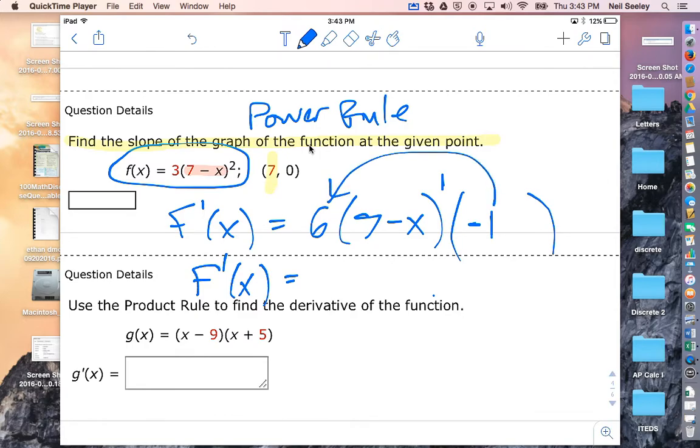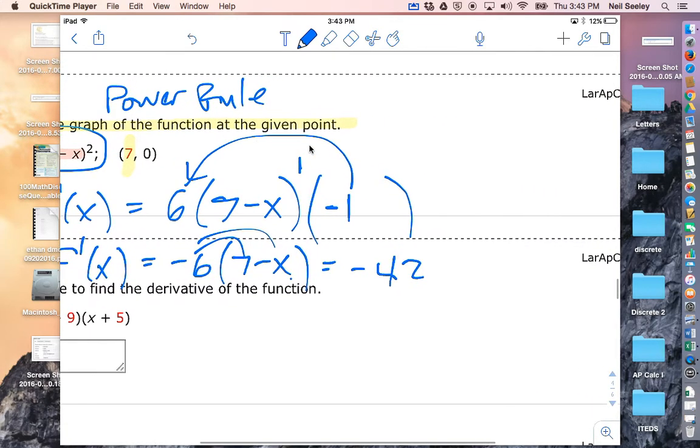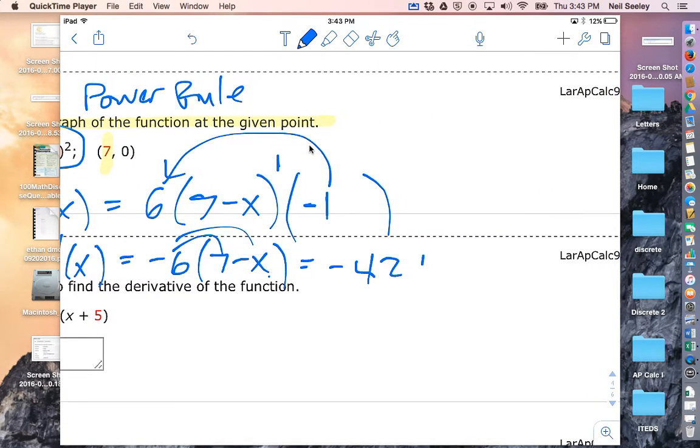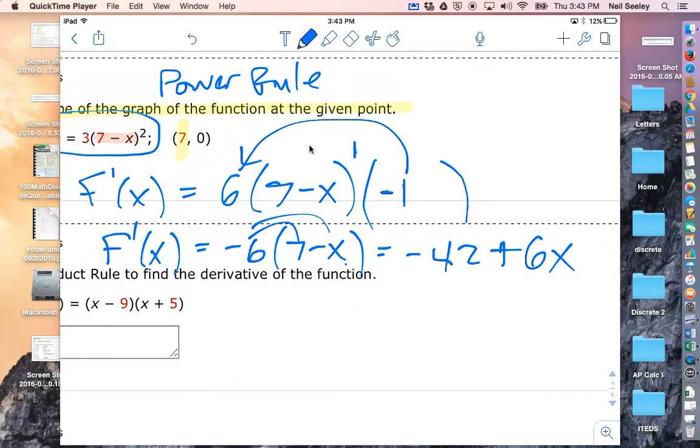I'm going to put those two together. Negative 6 times 7 minus x. I'm going to distribute the negative 6. And so what I'll get is negative 42 plus 6x, because I distributed negative 6 times a negative x, which gives me a positive. I think I said x, but I meant 6x. So there you are. Now I'm ready to use it, take off, and get some values.